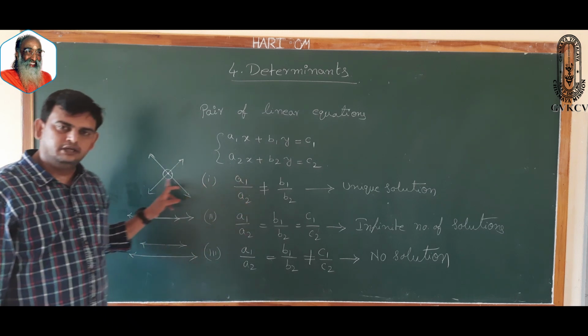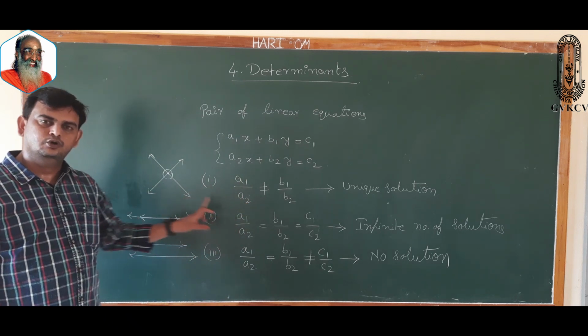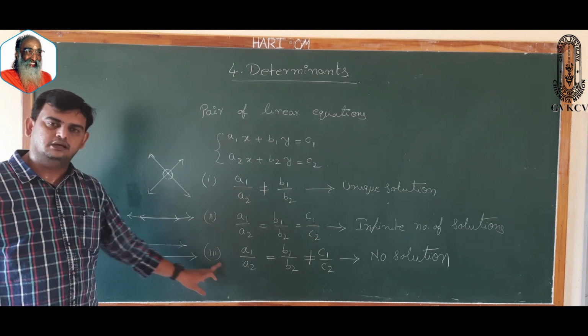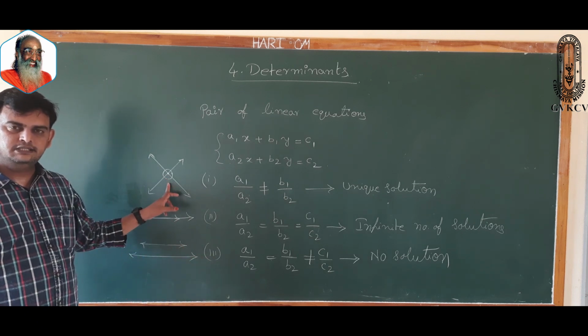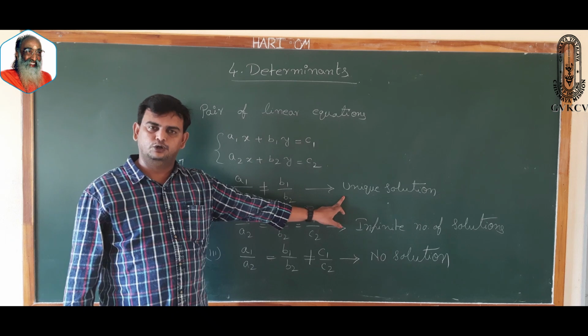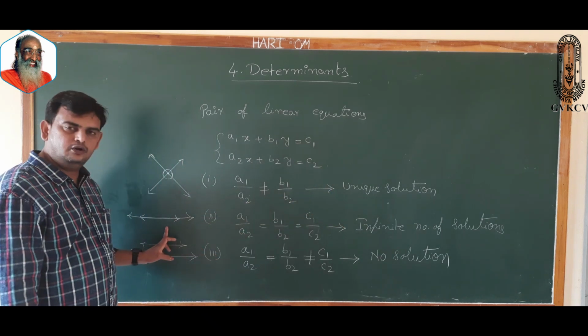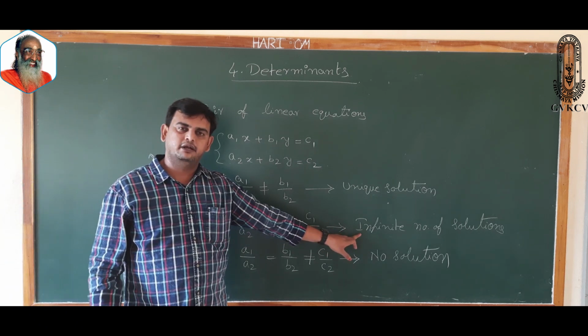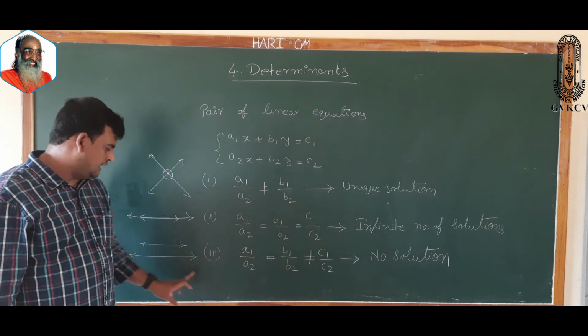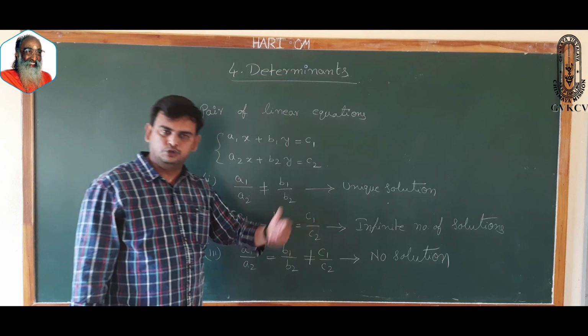Case 1, intersecting lines. Case 2, coincident lines. Case 3, parallel lines. When the lines intersect, you have a unique solution, meaning one and only one solution. When the lines are coincident, we have an infinite number of solutions. When the lines are parallel, we have no solution.